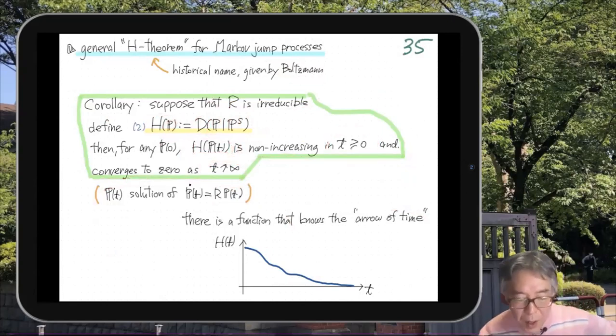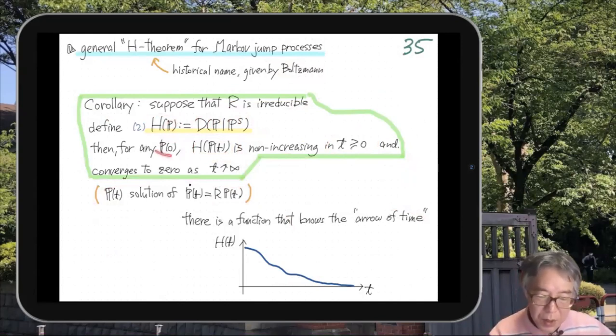This is quite easy because, first of all, we know that Pt converges to PS. So since Pt becomes PS, and since this is a distance, H(Pt) must converge to 0.